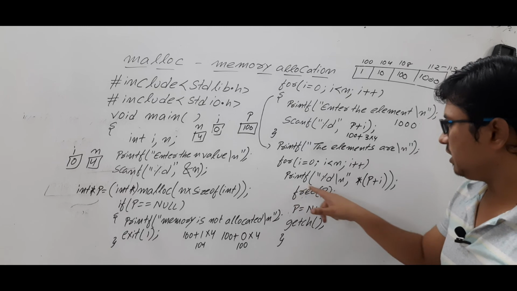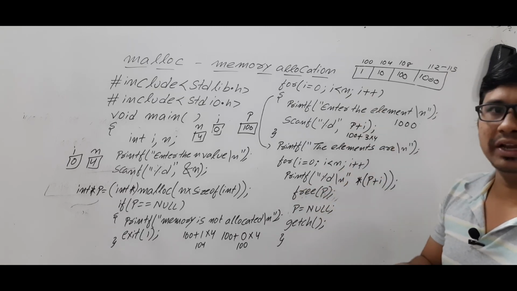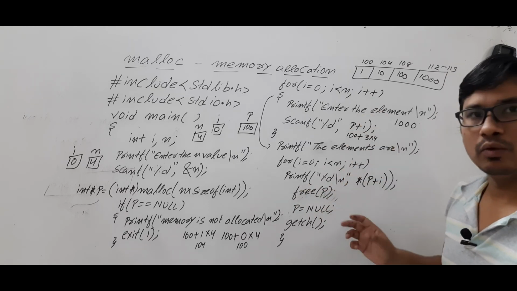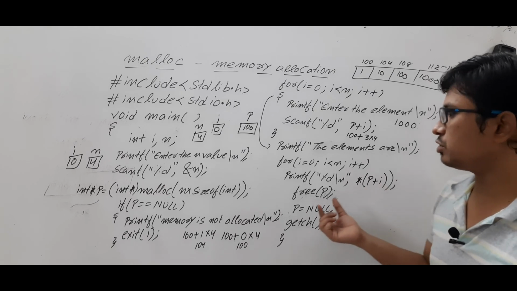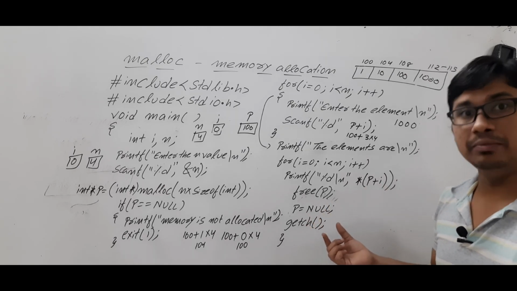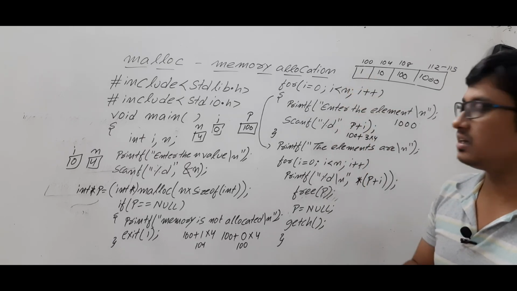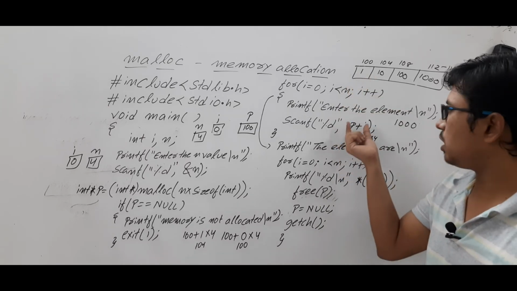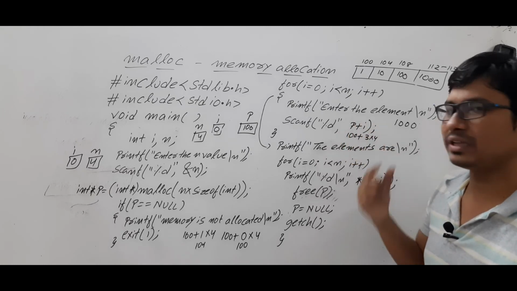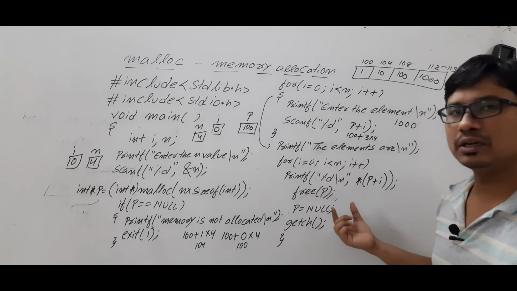So printf %d, you want to display an integer. In which location? Because here you have to specify the element, with which value you want, not the address. Whenever you are storing an element, you have to give the address. In printf, we will give the variable.